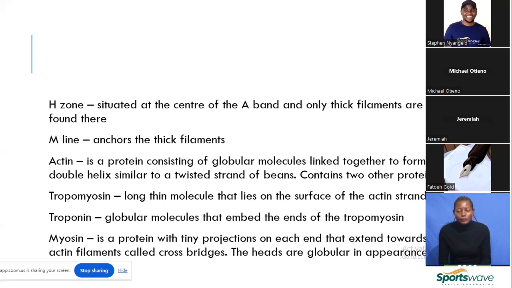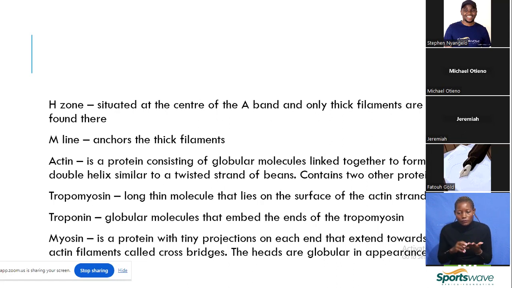There are actually three proteins. There are two, which is the actin and the myosin. But the actin contains two other proteins called tropomyosin and troponin. Now, these are the proteins that form the fundamentals of the mechanism of muscular contraction. It is something that is very interesting, and you can go and read more of that.